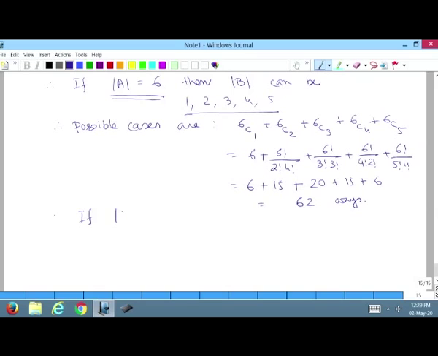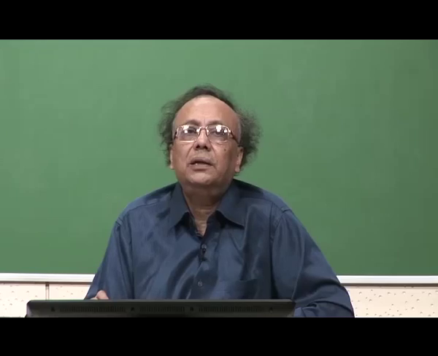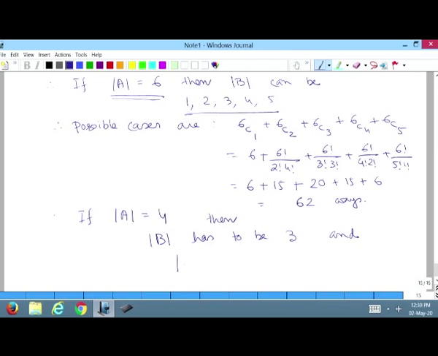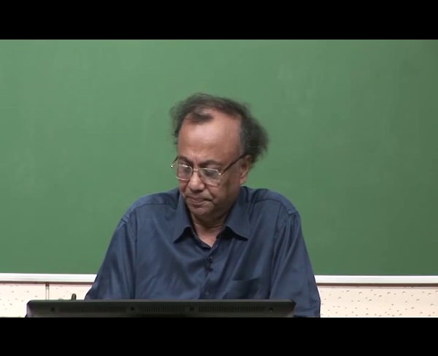If cardinality of A is equal to 4, then cardinality of B has to be 3, because 4 into 3 is 12 and that is a multiple of 6, and cardinality of A intersection B has to be 2, because that has to be 6x, that is 12, therefore, x is equal to 2.